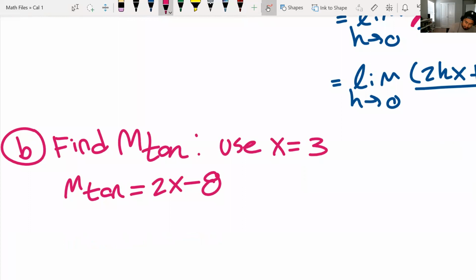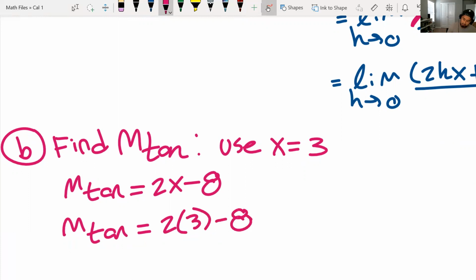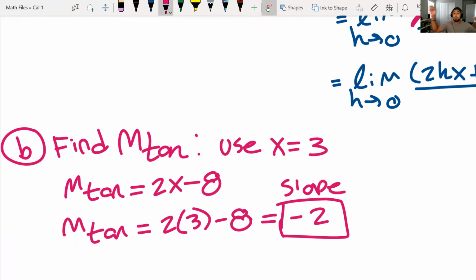M tangent is going to be 2 times 3 minus 8, which is 6 minus 8, which is negative 2. That is the slope of the tangent line at 3, negative 6.